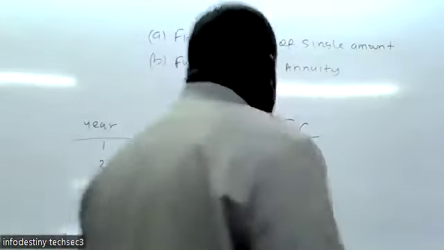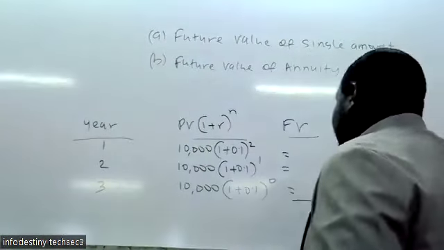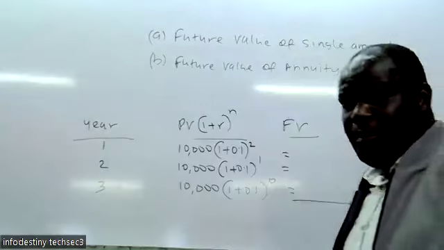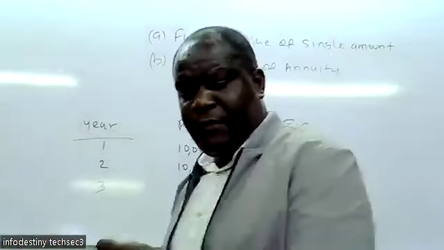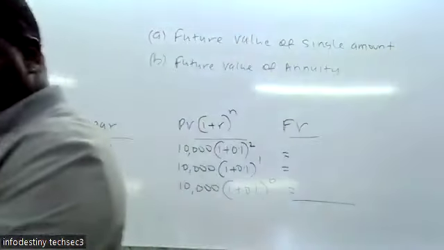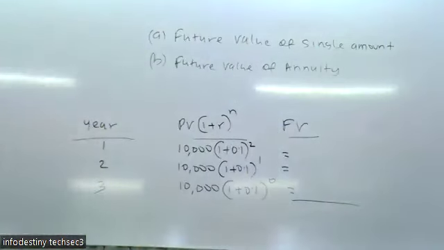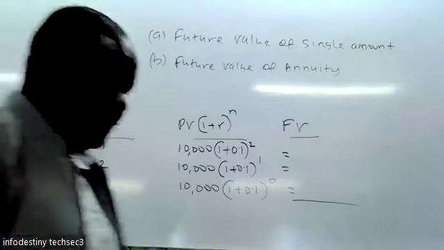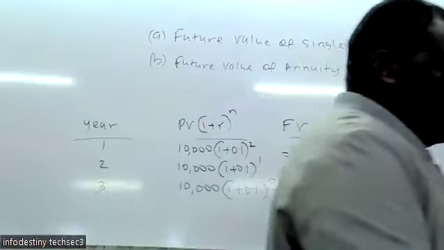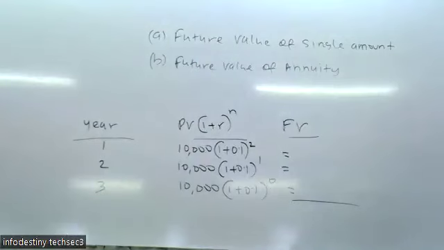So get those totals, then you add them together and see what the future value of that particular annuity is.